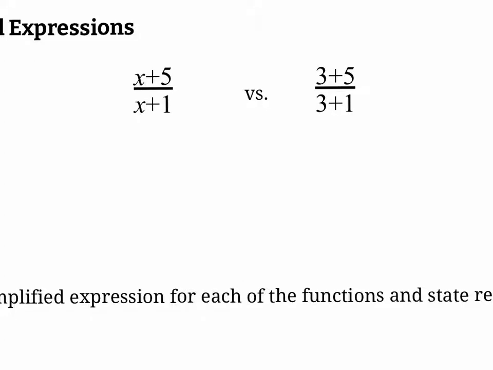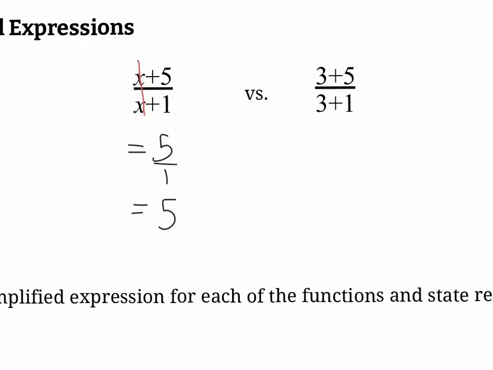Once we start simplifying these, we're going to start crossing out numerator and denominator common factors. So something common students do is cross out these x's, and then we'll see something like this, 5 over 1, and that just equals 5.